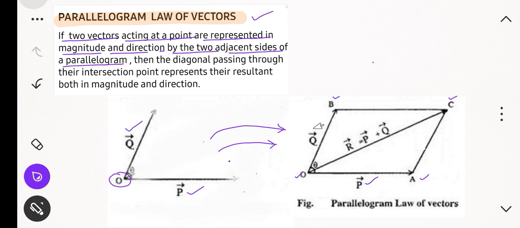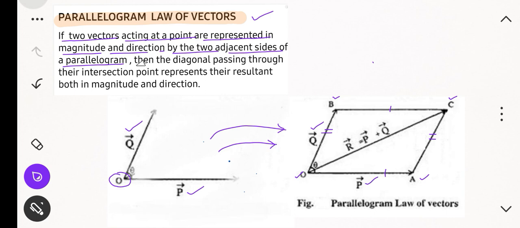P bar and Q bar are represented as adjacent sides of the parallelogram. We know that in a parallelogram, opposite sides are equal. So, we can form the remaining two sides with these two sides P bar and Q bar.